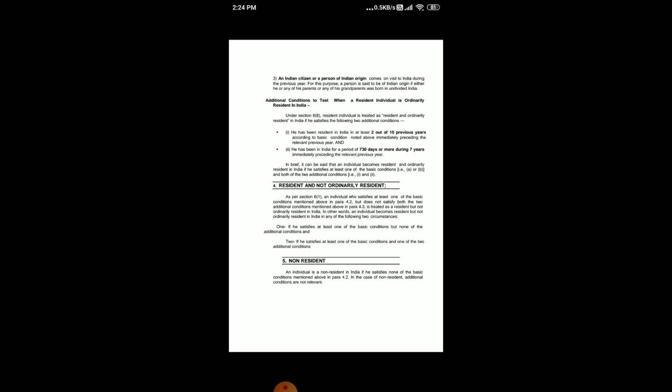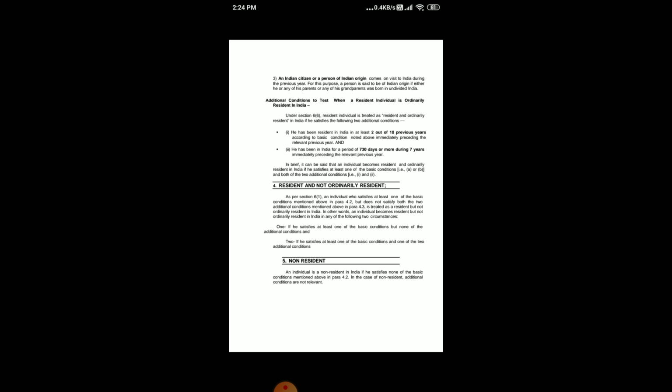Then the person who satisfies one basic condition and both the subsequent or additional conditions, we call such an assessee a resident Indian. Now, if he satisfies at least one basic condition but none of the additional conditions, then such a person is resident but not ordinarily resident, right?